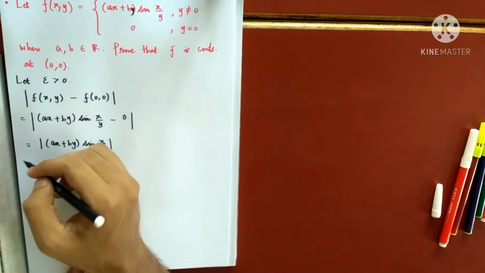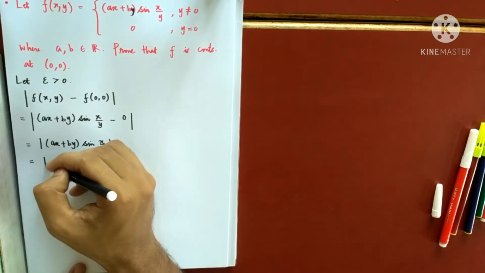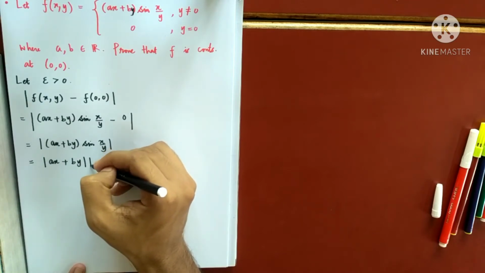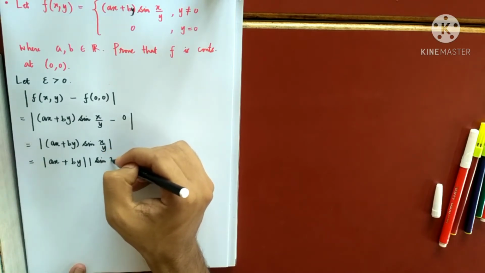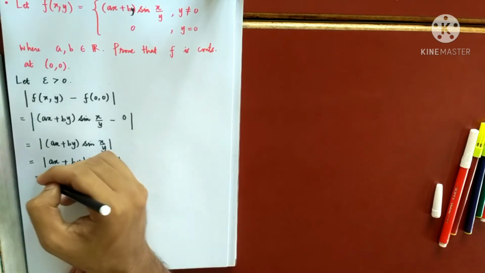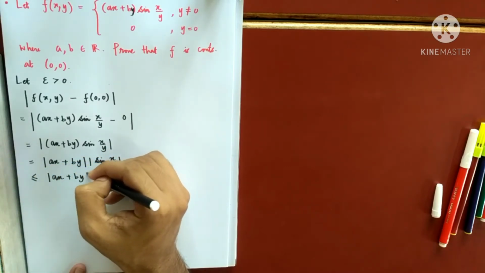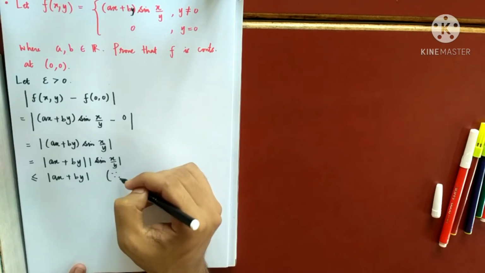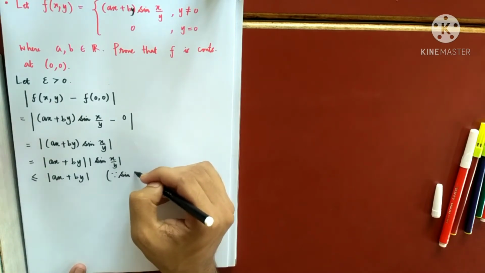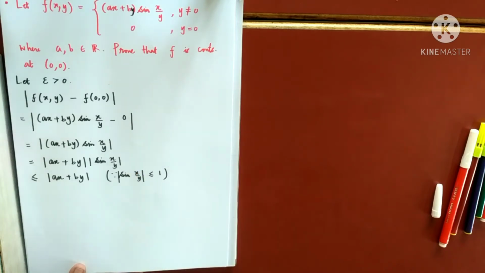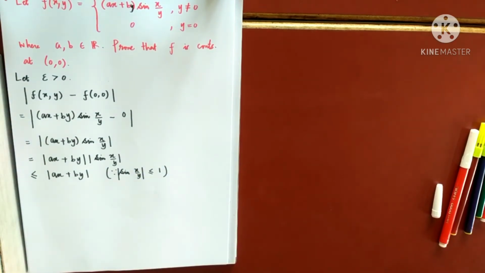Just as simple as that. Split the modulus: modulus of (ax plus by) times modulus of sine x by y. Now this is lesser equals to modulus of (ax plus by), due to the fact that modulus of sine x by y is lesser equals to 1. So it's straightforward up to here.